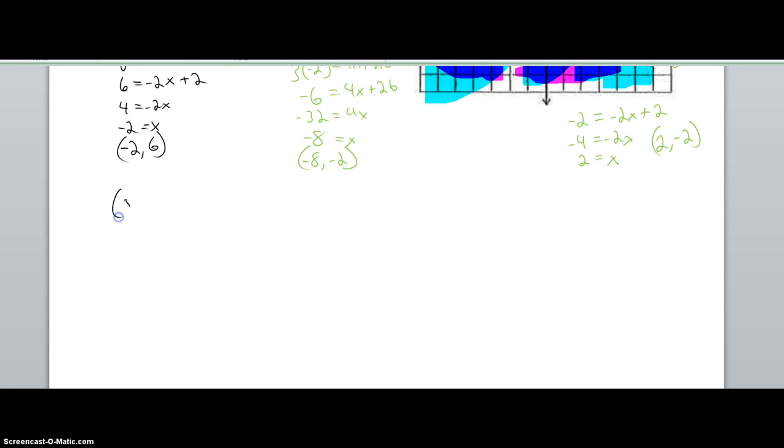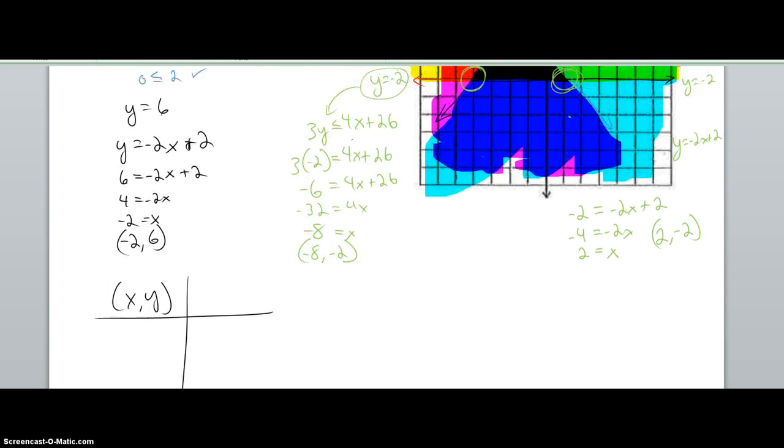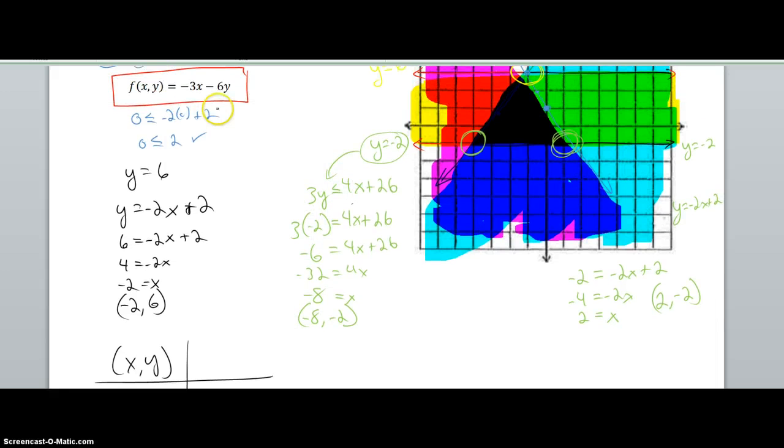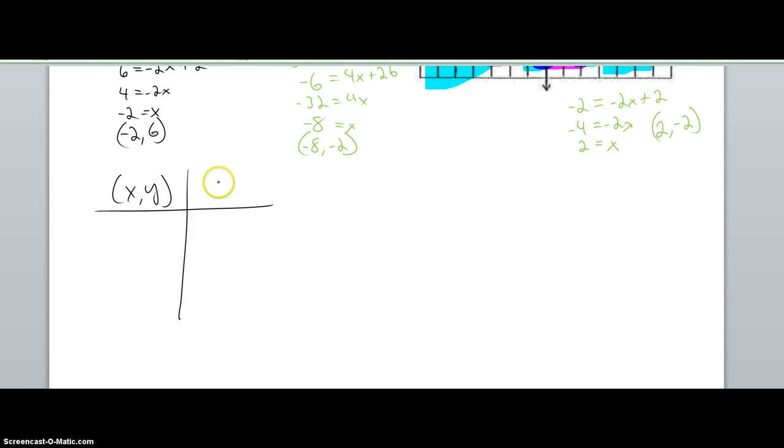We're going to plug our x and y values into our optimizing equation, which is negative 3x minus 6y. The ending result is going to be f of whatever we get when we plug in x and y.